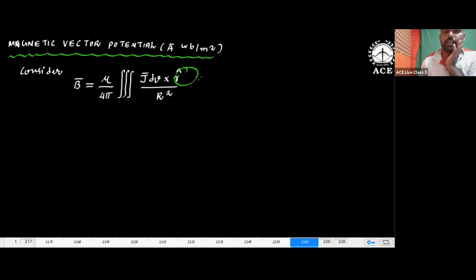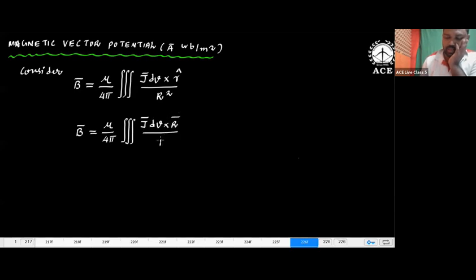Vector by its magnitude. That means B is equal to mu by 4 pi volume integral of J dV cross R vector by its magnitude cube. Clear? Yes.